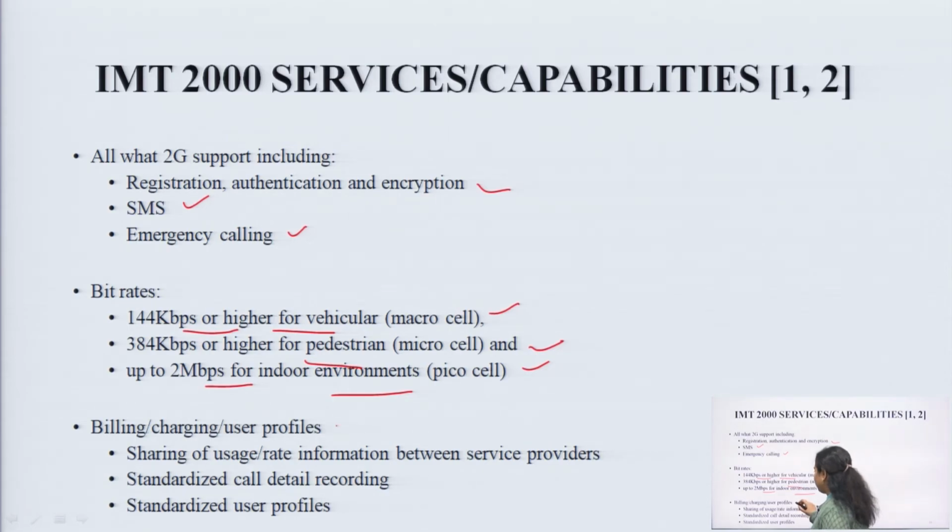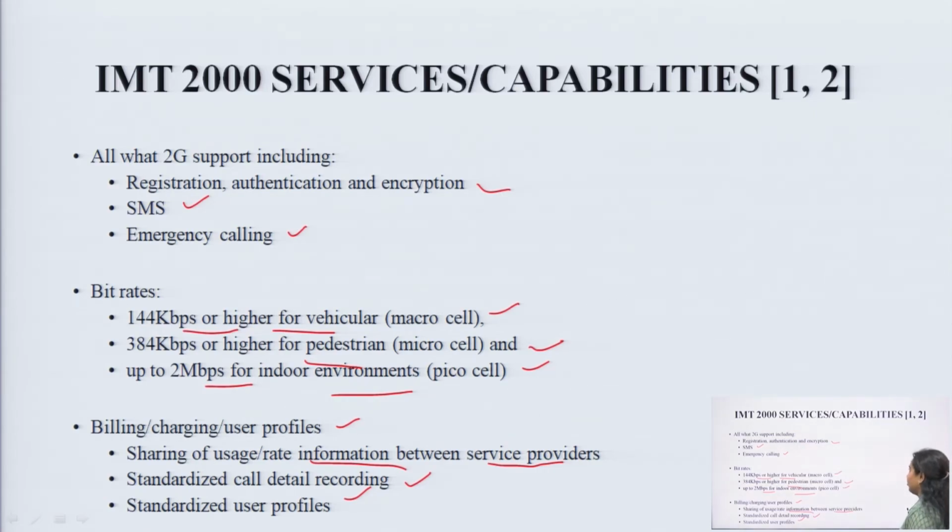Then billing, charging and user profiles. It is used for sharing of usage or rate information between service providers. Standardized call detail recording is there, and standardized user profiles are there.